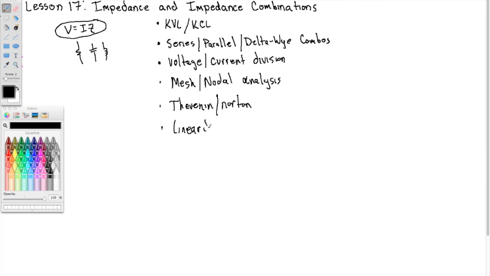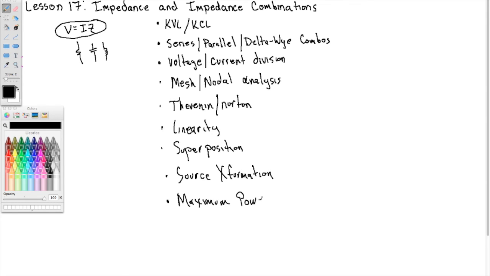Wow, we've covered a lot. Linearity, superposition, source transformation. What else? Maximum power. Alright, that covers most of it anyway.